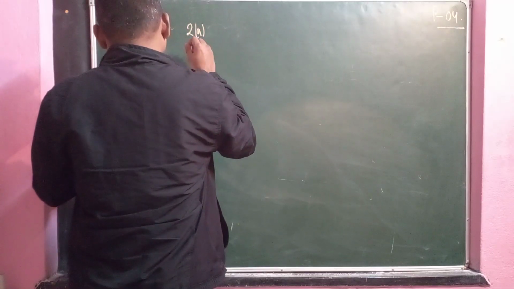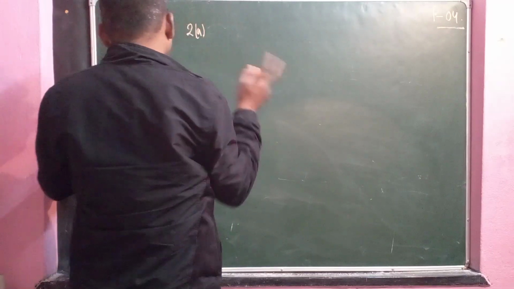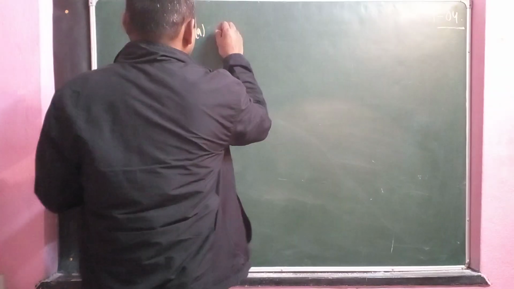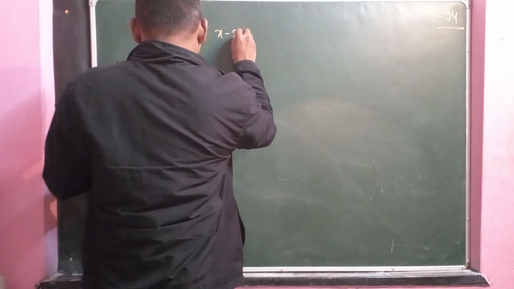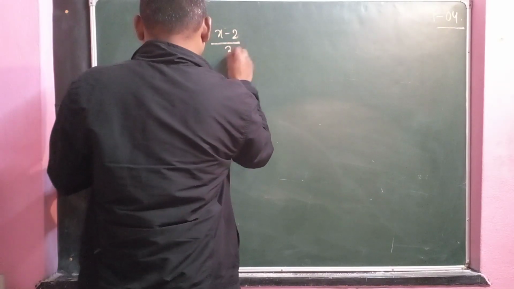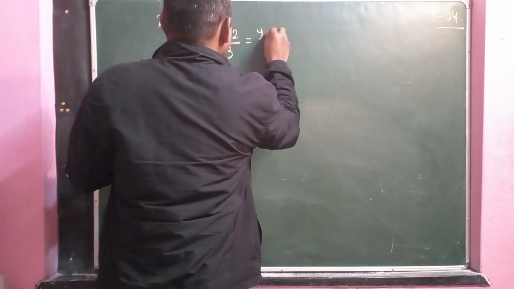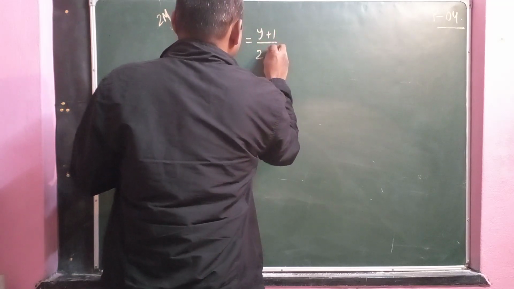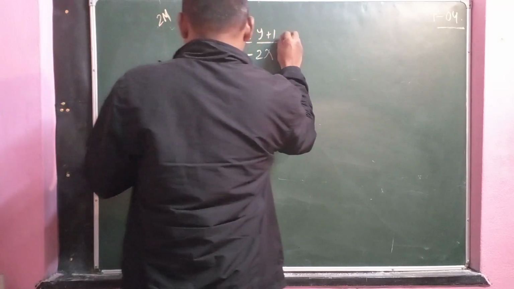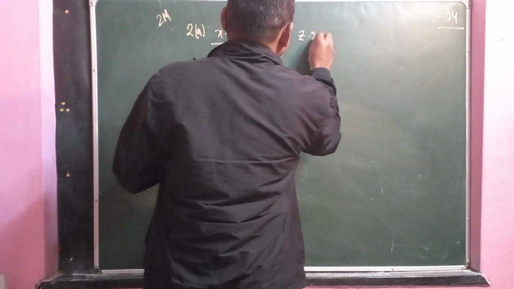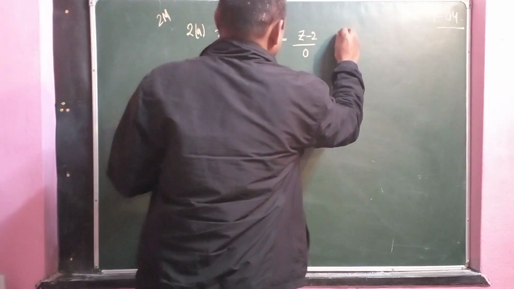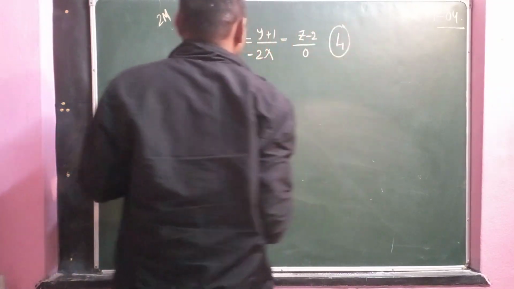2A is a 2 marks question. The question is any one of these. So (x minus 2) by 3 equals (y plus 1) by 2 lambda, minus 2 lambda is equal to (z minus 2) by 0. This is one straight line.